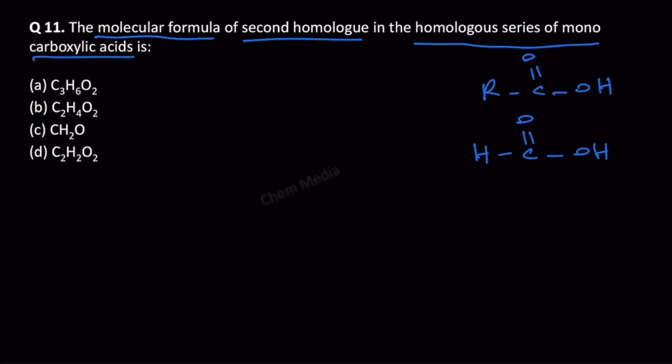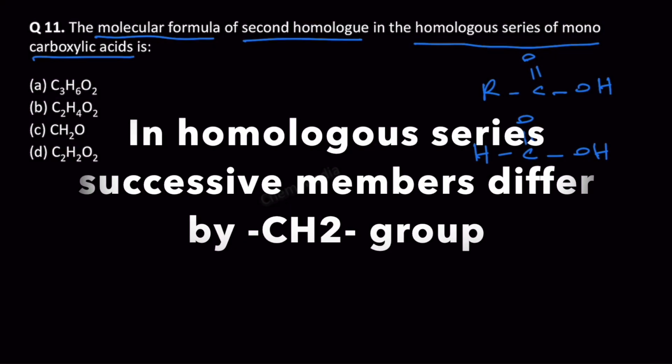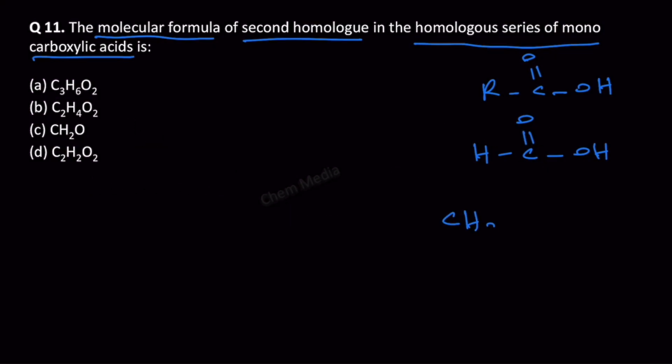Here they are asking second homologue in the homologous series, and therefore the second one is acetic acid, that is CH3 C double bond O OH, and for that the molecular formula is C2H4O2, which means option B is correct.